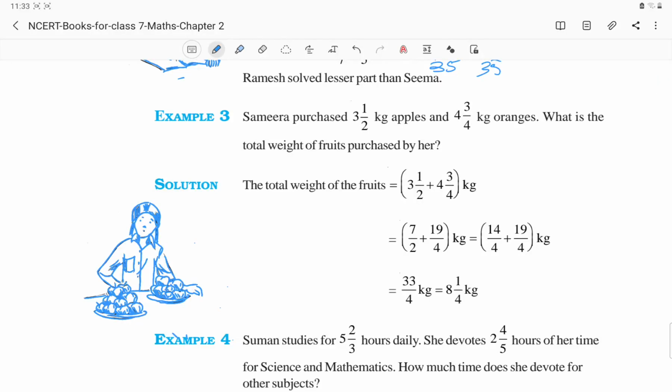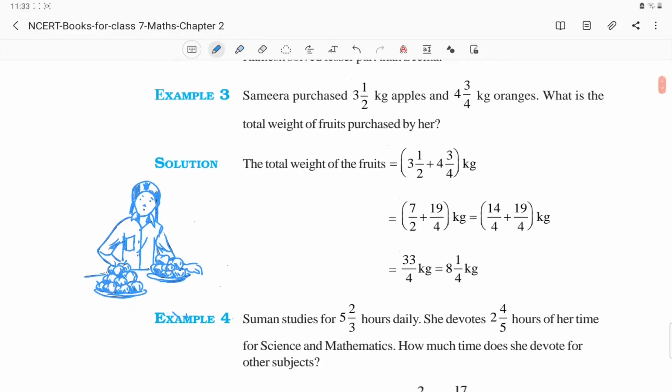Example 3. Samira purchased 3 1/2 kilogram apples and 4 3/4 kilogram oranges. What is the total weight of fruits purchased by her?